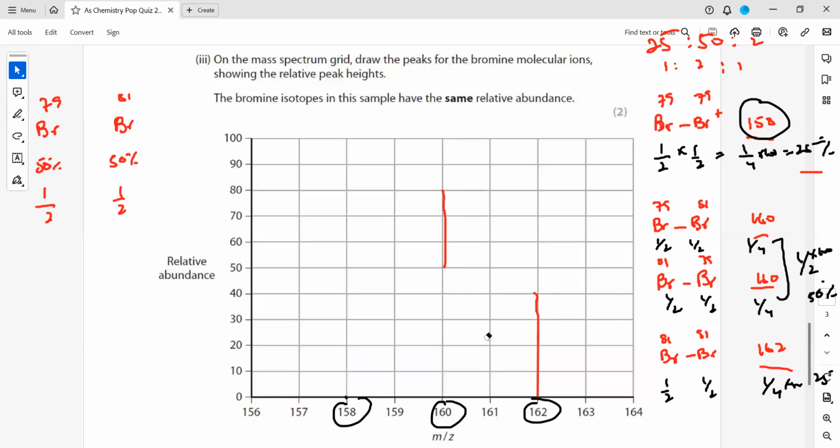Or if I make this 20, the double of 20 will be 40, this will be 40, and the last one will be 20. So the ratio should not change. Is this one clear?